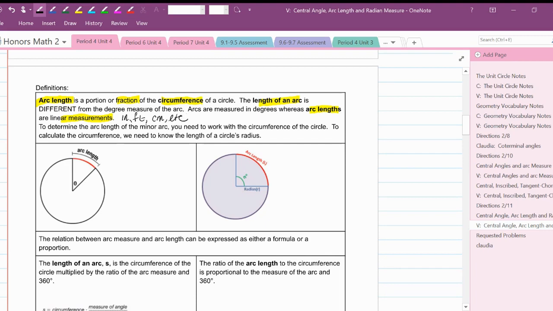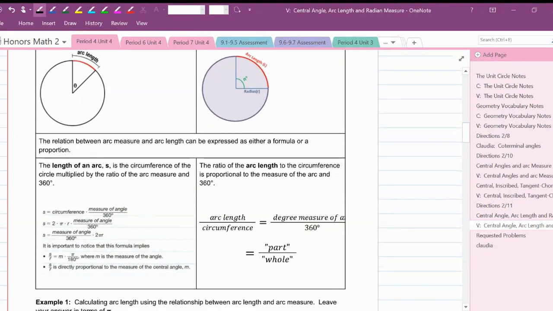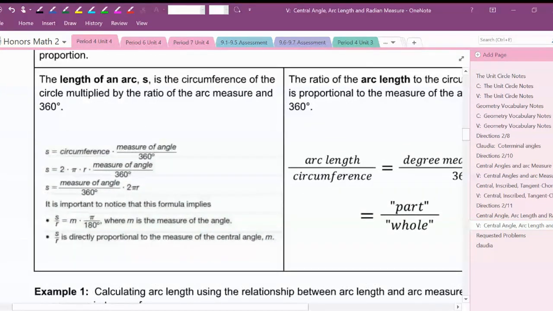To determine the arc length of a minor arc, we need to work with the circumference of the circle. And to do that, we need to know the length of a circle's radius. And there's two ways to look at calculating the arc length. Two formulas. We'll look at the one on the left first. The first one is arc length.